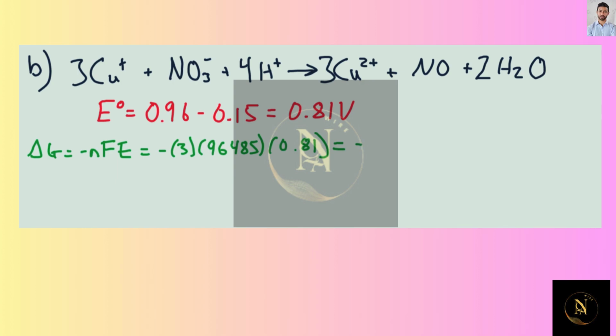So we calculate negative 2.34 times 10 to the 5th joules per mole. And then for K, we can solve the same way we did before. ln K is equal to delta G over negative RT.